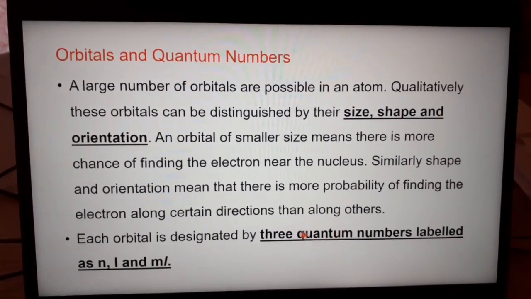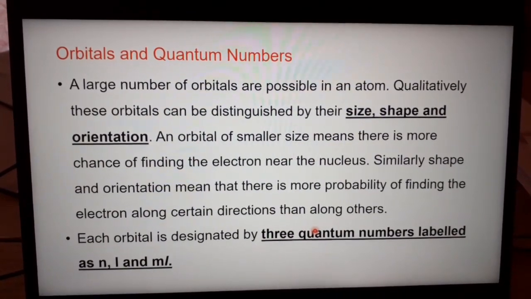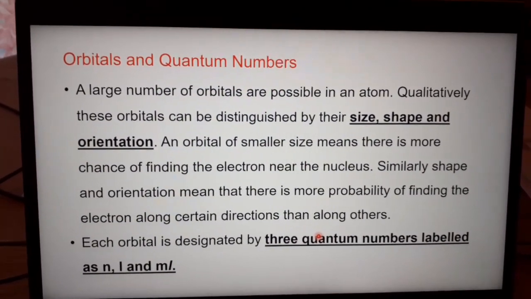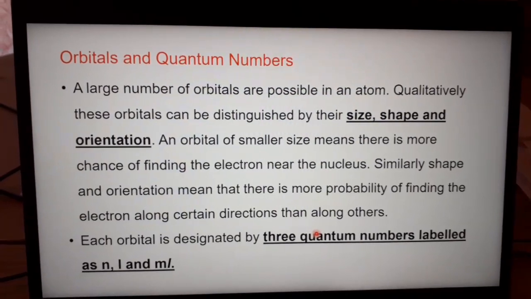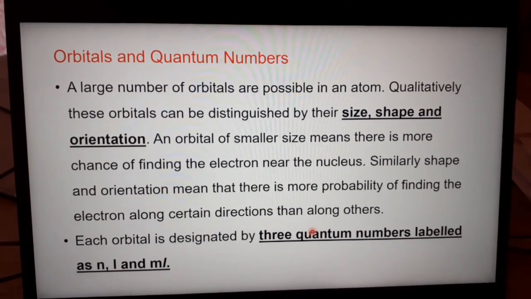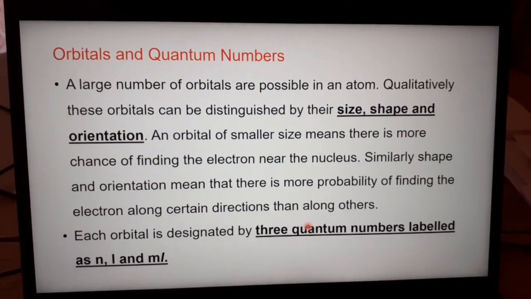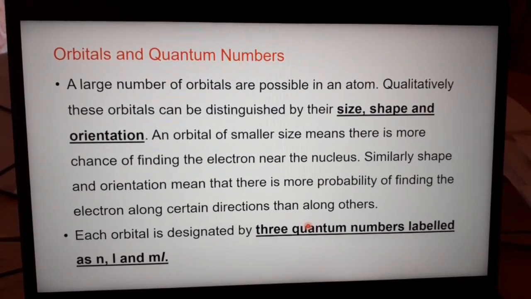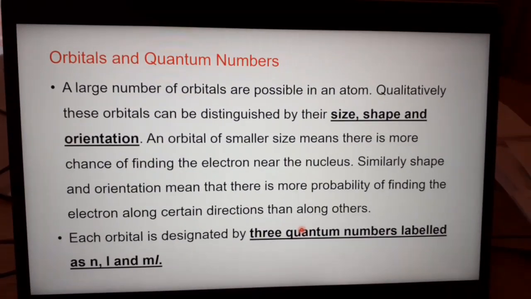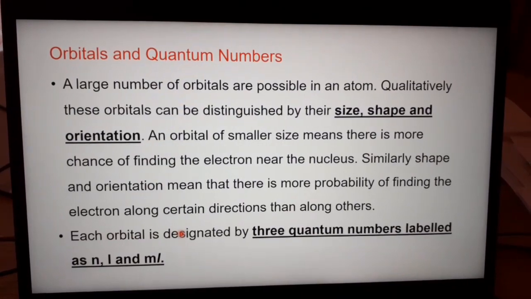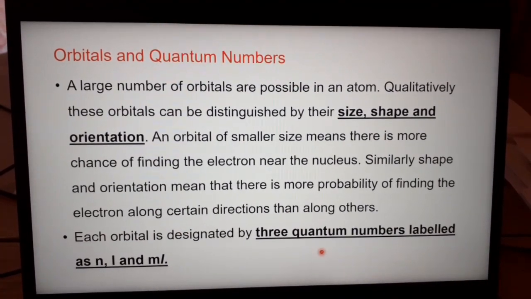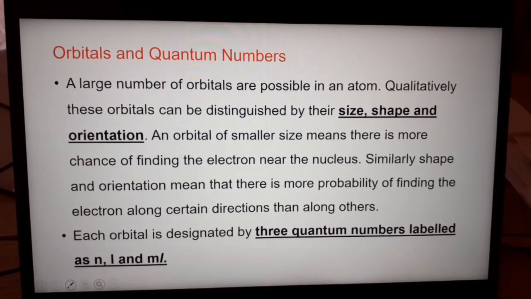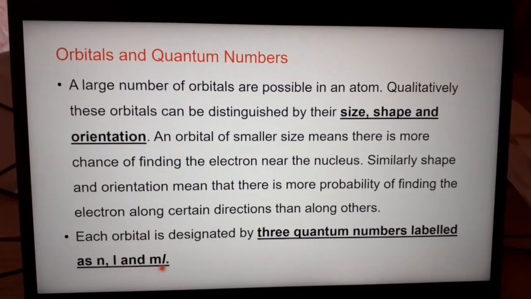You can see this probability factor when we discuss the psi function. Psi basically gives an idea about the probability of finding the electrons in each quantum state. Now each orbital is designated by three quantum numbers, which are designated as n, l and ml.